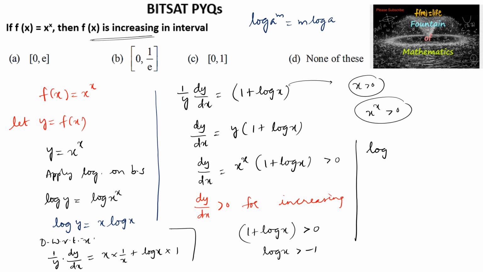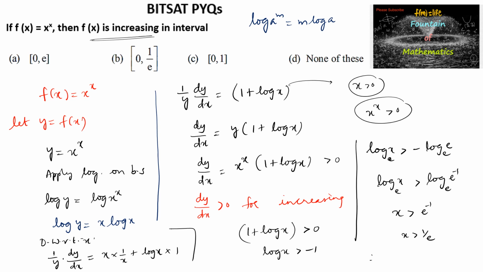So we can write log x is greater than minus log e to the base e. Here also the base is e, and since base e is greater than 1, we can consider x greater than, let us simplify and write, log x to the base e is greater than log e to the power minus 1 to the base e, that is x is greater than e to the power minus 1, that is x is greater than 1 upon e.